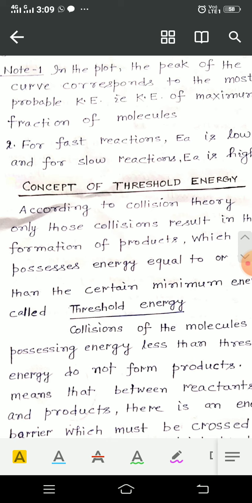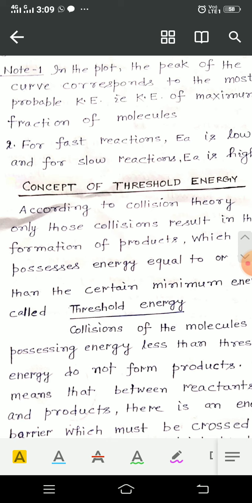It means when molecules get the energy to form the activated complex, the amount of energy possessed by the activated complex is known as the threshold energy.